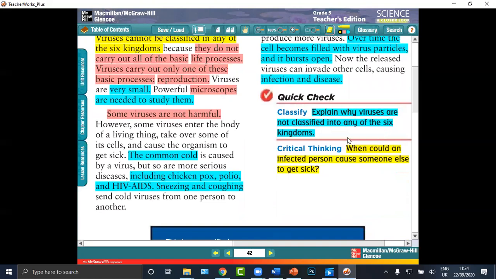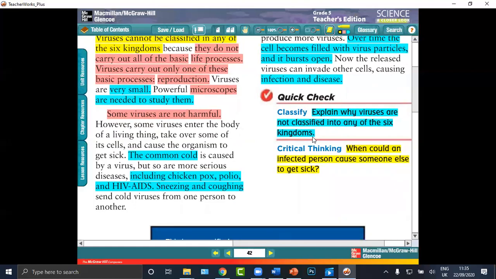Explain why viruses are not classified into any of the 6 kingdoms. Why? You can say they cannot perform all the basic life processes of growth, use of energy, getting rid of waste, and response to the environment.